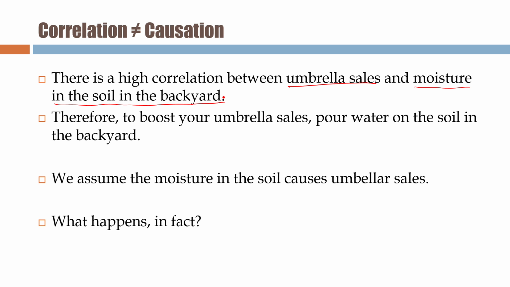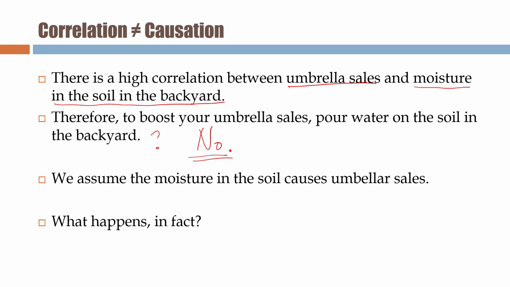So maybe moisture in the soil causes the umbrella sales. And if you want to sell more umbrellas, maybe you have to pour water on the soil in the backyard. Is it right reasoning? Of course not. It doesn't matter how much water you pour on the soil, your umbrella sales will not change, right?